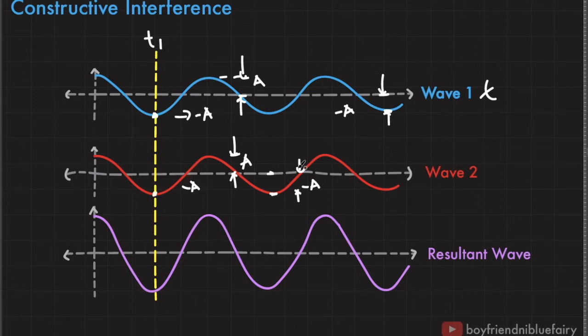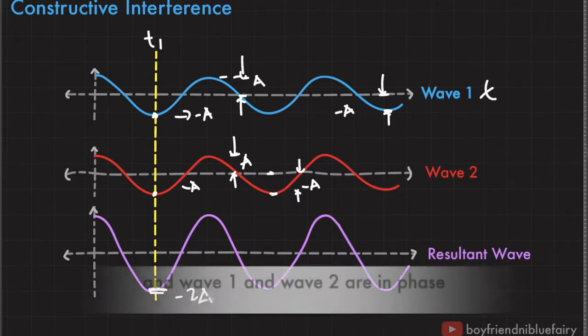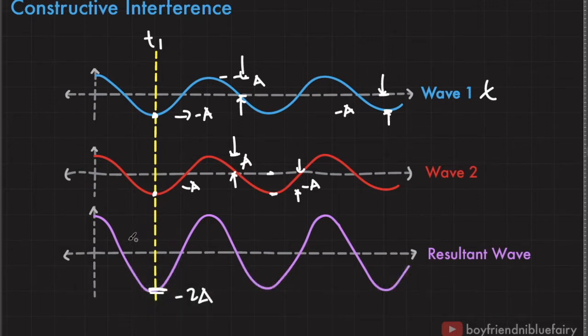If we try to superimpose these waves, in other words, add wave 1 and wave 2, the resultant wave would look like this, and at time t sub 1, it has a value of negative 2A. So when we have waves that have equal wavelength and amplitude, the resultant wave is in phase with these two waves, and at the same time, their amplitude is additive.